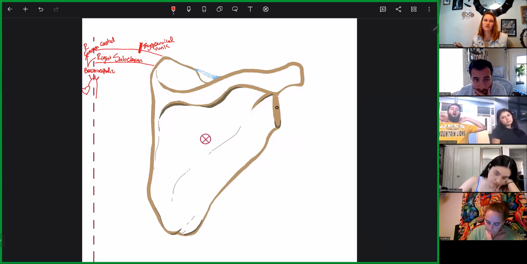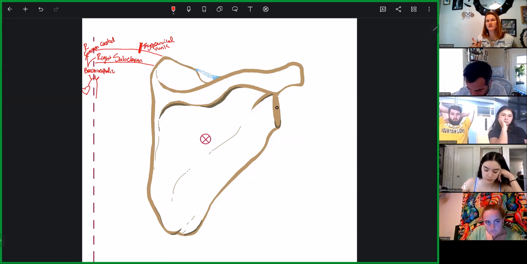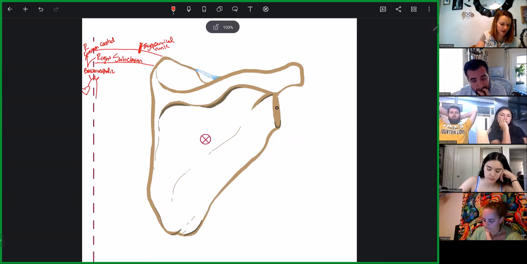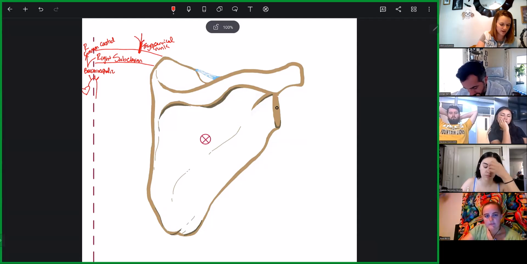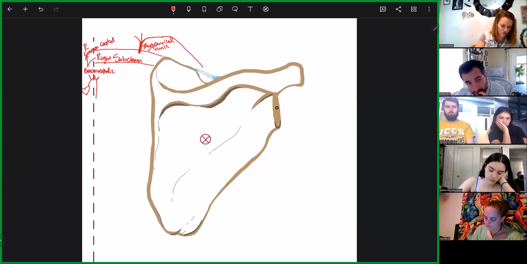Now, the thyrocervical trunk is named appropriately. So in anatomy, we can break up some words a little bit. Thyro means it actually does have a branch to the thyroid, and cervical means it does drop off branches for the neck. And then it gets a little bonus branch. We have other arteries that come off of this, but we are going to focus on one in particular that is going to go over the top of that transverse cervical ligament.